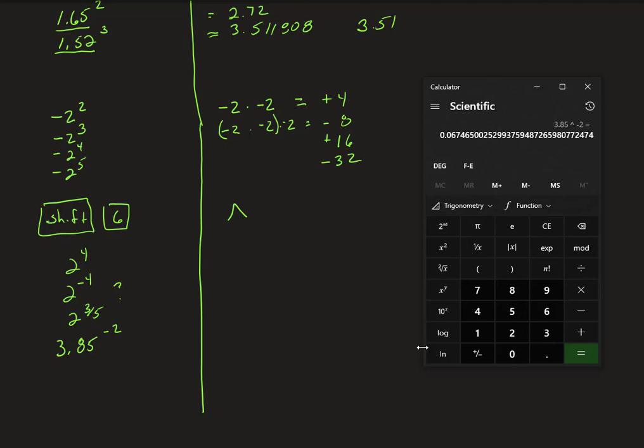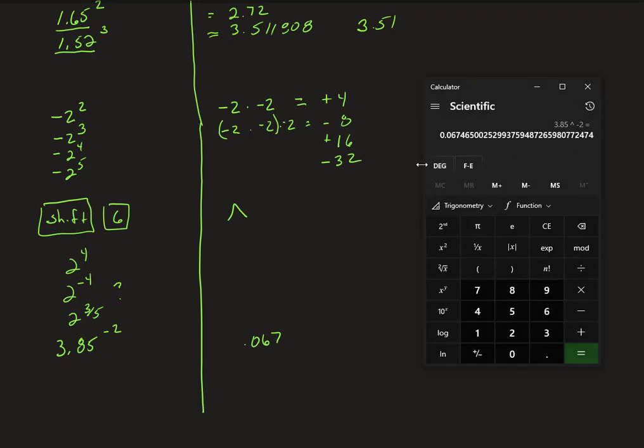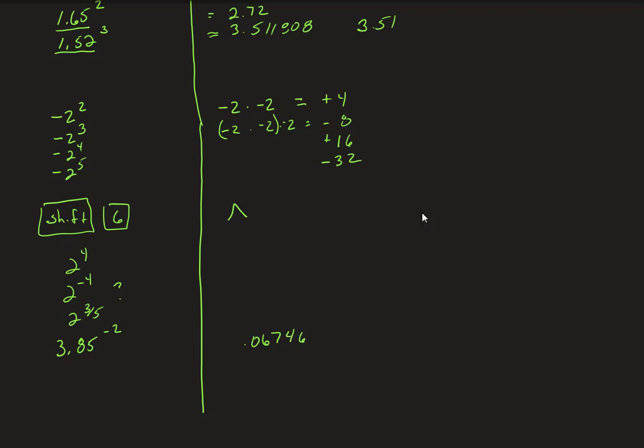We end up with 0.067465. And we've got 3 significant figures here, so we would round it to 3 significant figures, right? And that would be 0.0675. The 6 is going to round up, make that a 5.